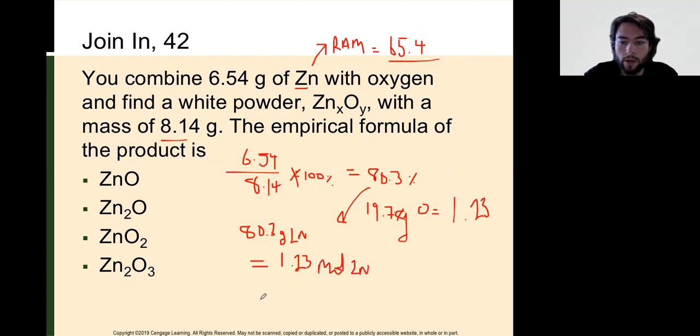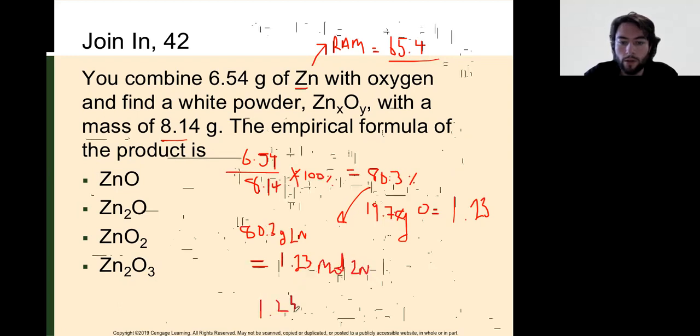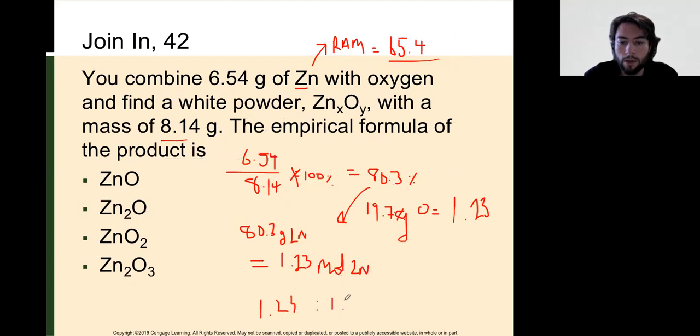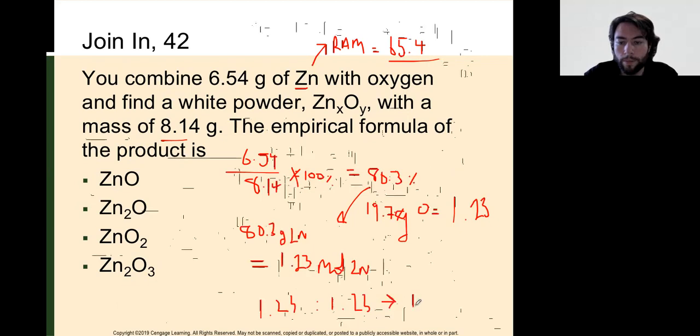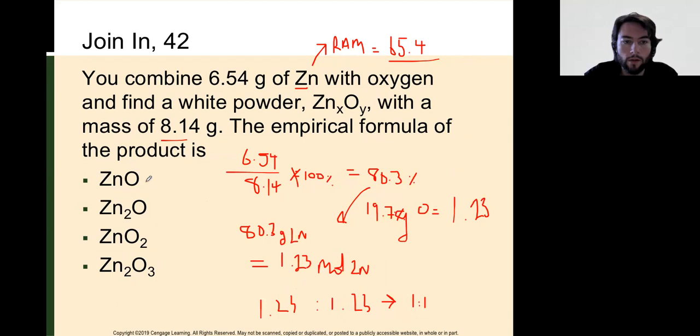So the mole ratio here is 1.23 to 1.23, which is 1 to 1. So that means we're going to have this as our answer here.